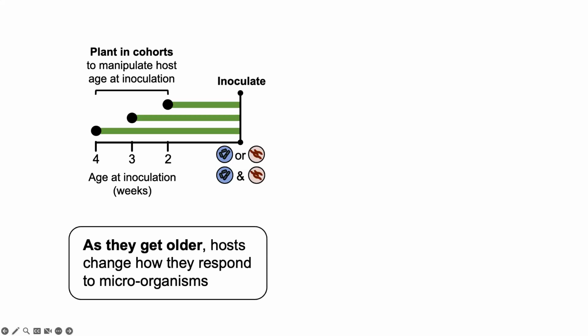And the reason that we wanted to do this is that as hosts get older, we know that they change how they respond to microbes. One really great example of this that you're probably familiar with in humans is that kids tend to be more susceptible to most infections than adults. It turns out that that pattern is true in plants as well. Susceptibility to disease of juveniles is a super common and repeatable pattern even outside of humans. So that's why we wanted to be able to capture an effective host age if there was one here.